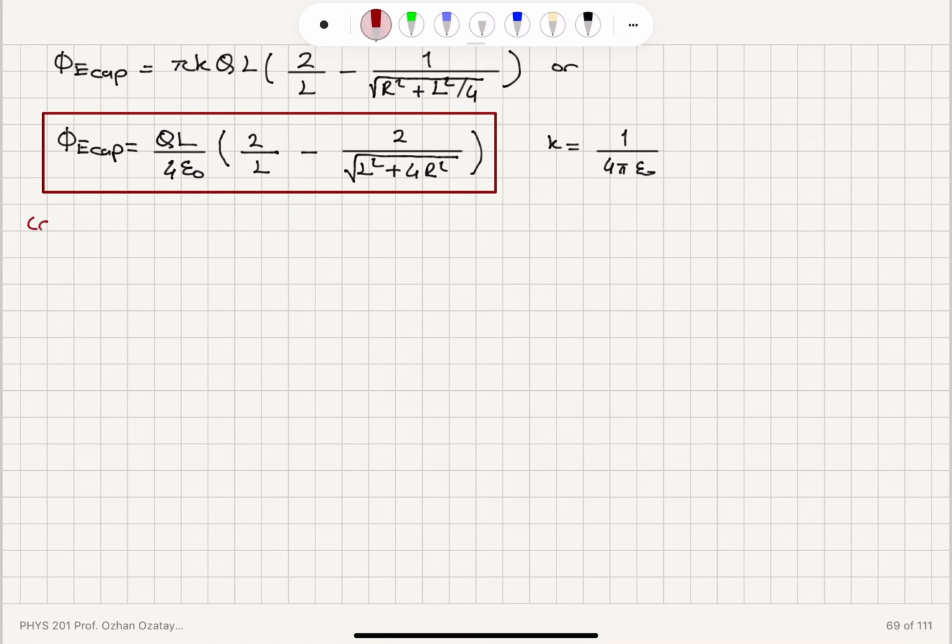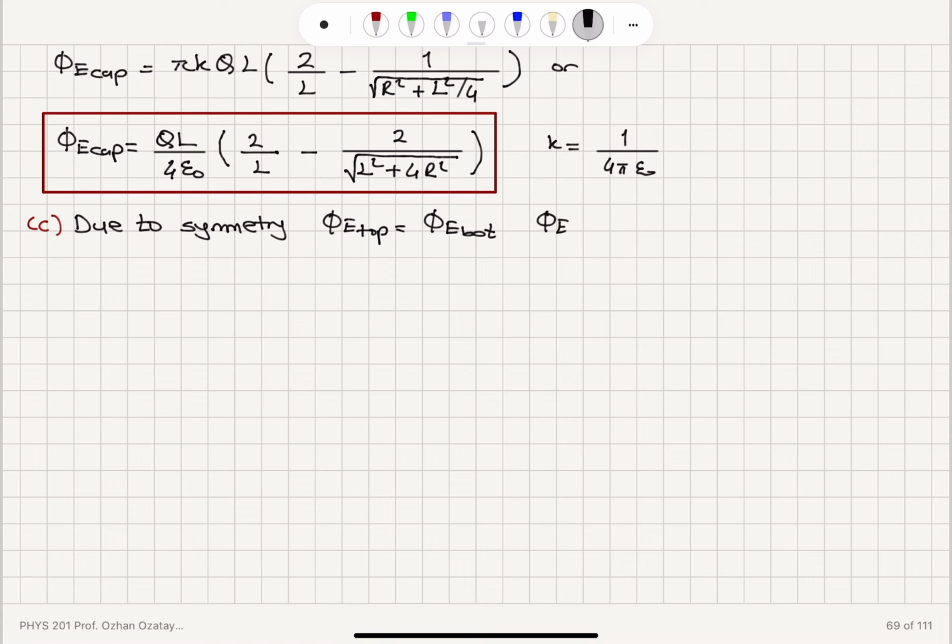Now in part C, I was asked to find the flux through the bottom cap. That's going to be symmetric. So due to symmetry, the flux through the top must be equal to the flux through the bottom cap. So therefore, I will find that I have the same answer.